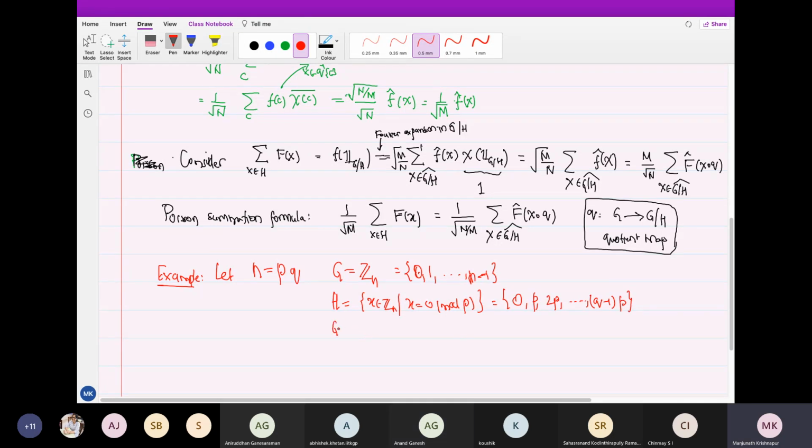And G mod H can be identified as, what is G mod H? Basically each residue modulo p is one element.